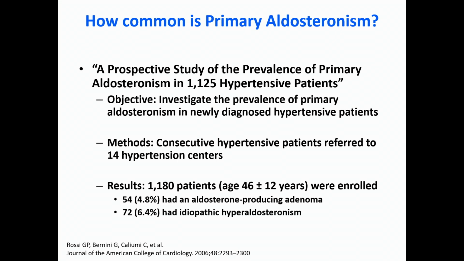The patients were referred to about 14 different hypertension centers, and 1,100 patients were enrolled. A fairly high percentage, 4.8%, had an aldosterone-producing adenoma, and 6% had idiopathic hyperaldosteronism. So a fairly high percentage of newly diagnosed hypertensive patients had primary hyperaldosteronism.